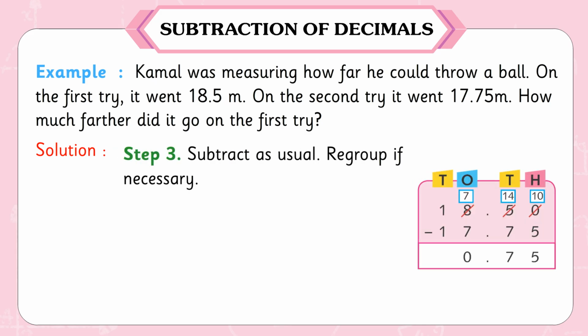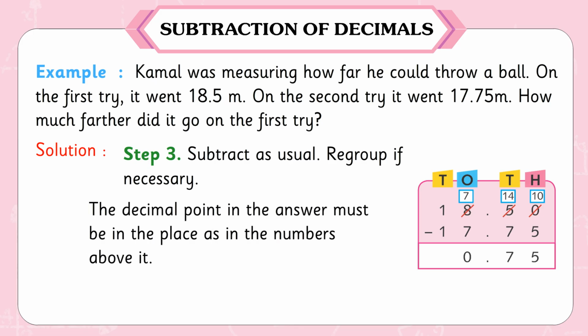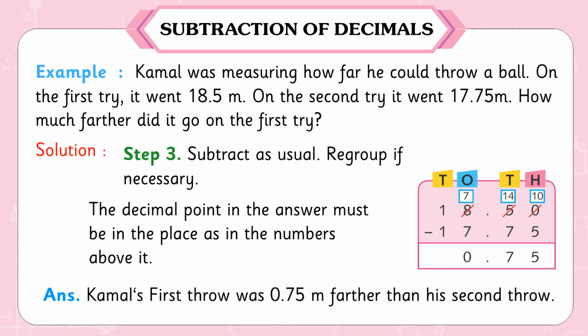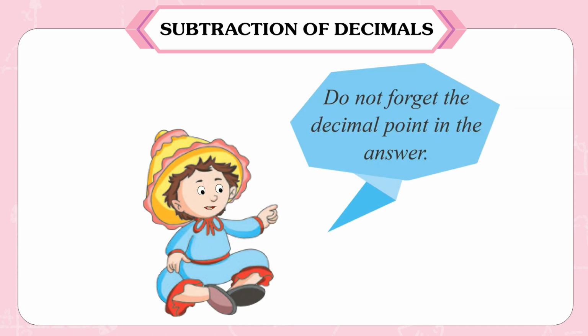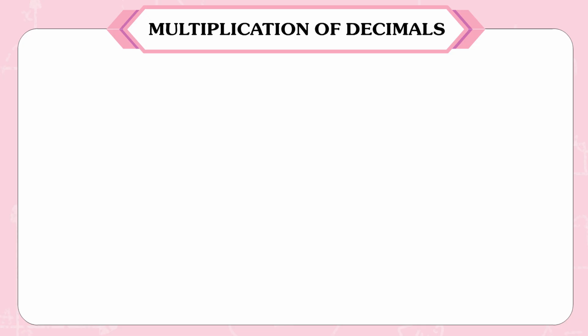Subtract as usual. Regroup if necessary. The decimal point in the answer must be in the same place as in the numbers above it. Answer. Kamal's first throw was 0.75 meters farther than his second throw. Do not forget the decimal point in the answer.